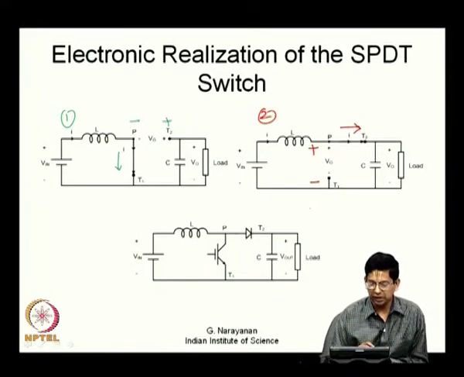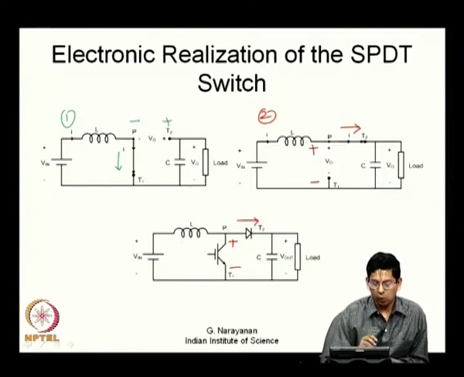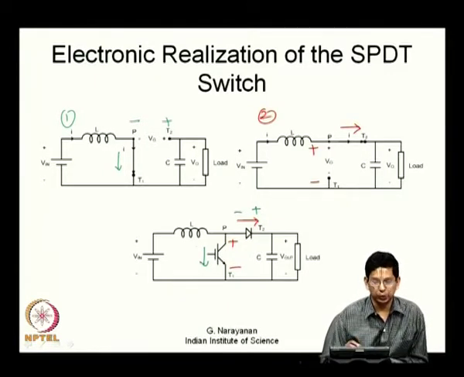As you can see very easily, if you have this state 2, you have a diode here. The diode can conduct like this and the transistor can block a potential like this. Now, if you look at state 1, you have a transistor and the transistor can conduct like this and the diode can block as shown here. So, you can realize the single pole double throw switch using a transistor and a diode as shown here.